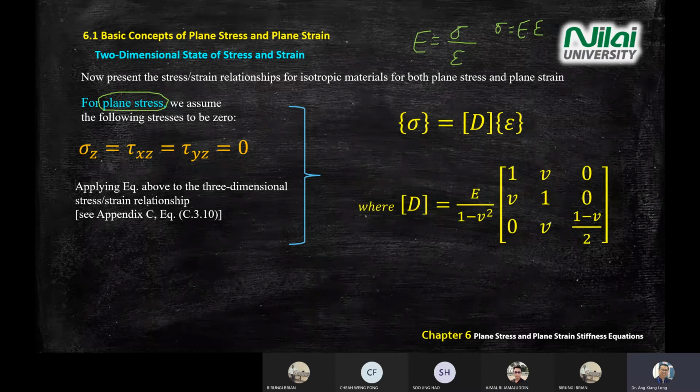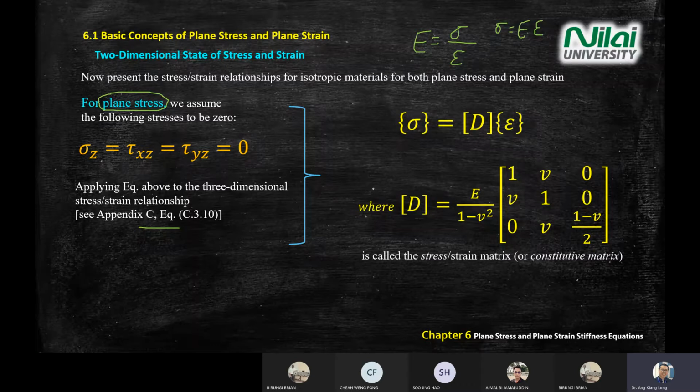The derivation for this one is in Appendix C, so go and read Appendix C on how to get the D. I'm not going to explain that, but what is important again is the application of the equation. So D equals this matrix here: E divided by 1 minus V squared, where V is your Poisson ratio, and so on, with (1 minus Poisson ratio) divided by 2.